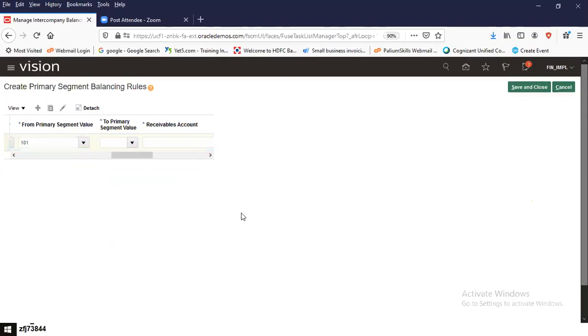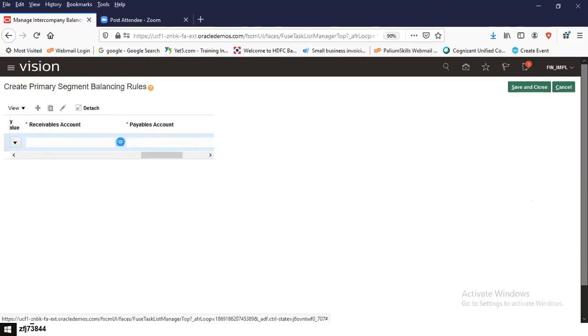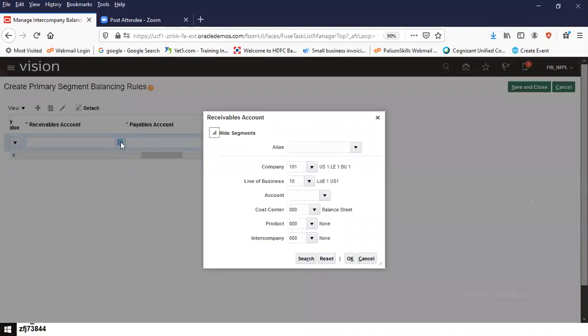Okay, so we can just, all others is there. Okay, so it will go to receivables account. This is the specific receivables account against which the intercompany will be set up. So we have 10110, then we have 1 2.